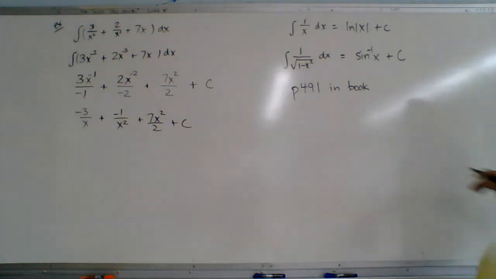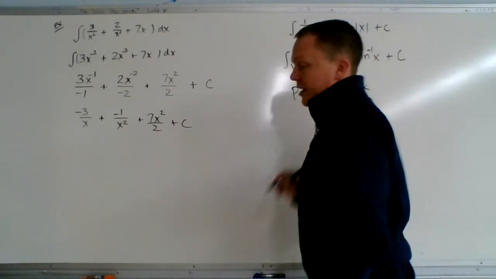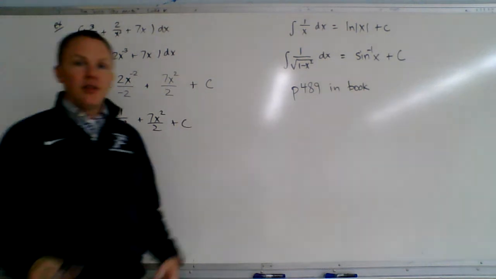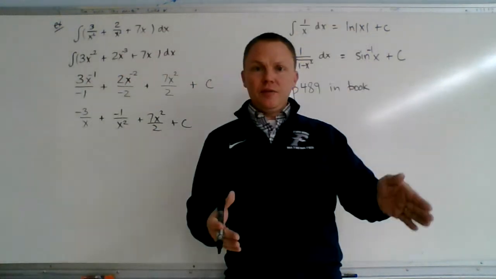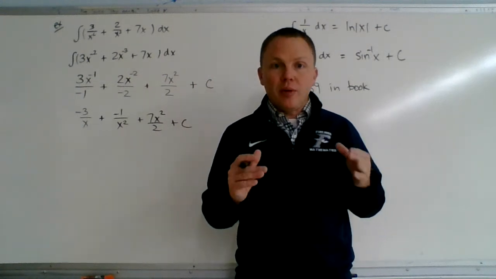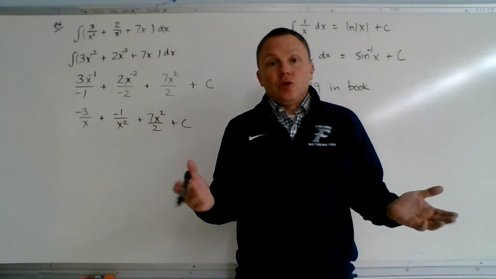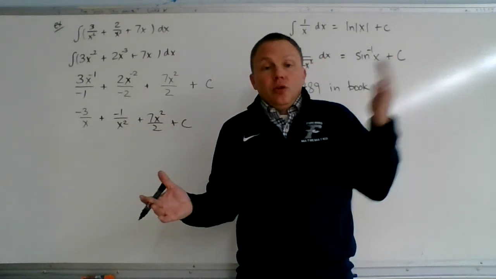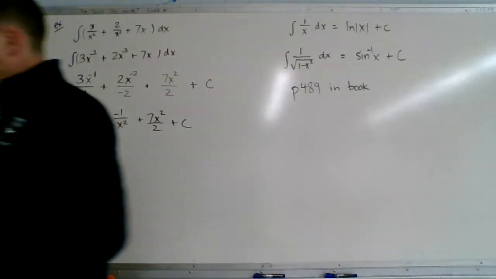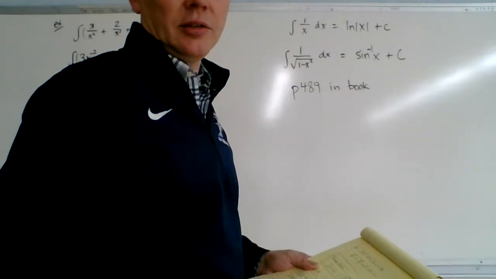It's page 489 in your book. There's a big table of derivatives on one side and antiderivatives on the other side. You probably want to look at that and make sure that you know all of those. You should know all the derivatives already, so you should be able to go backwards and know the antiderivatives. So make sure you take a look at that. All right, let's pause and erase.